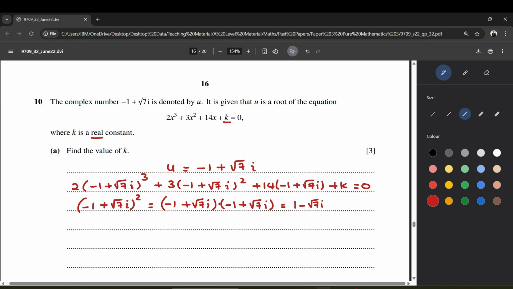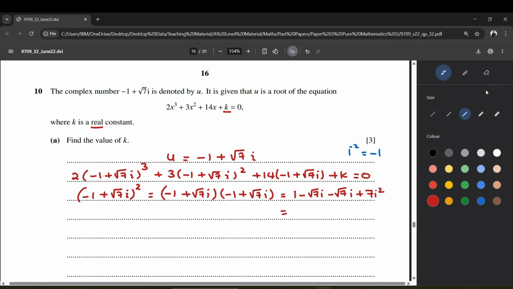Root 7i times minus 1 again is minus root 7i, and root 7 times root 7 will be plus 7i squared. Now we know that the value of i squared is equal to minus 1, so this will be 1 minus 2 root 7i plus 7 times minus 1. So therefore this will be minus 7 and 1, right? So that will be minus 6 minus 2 root 7i.